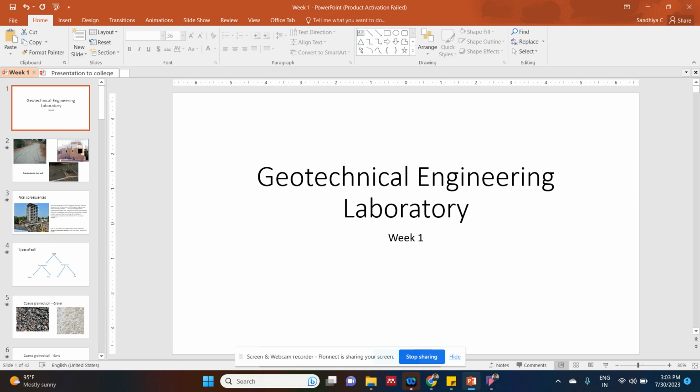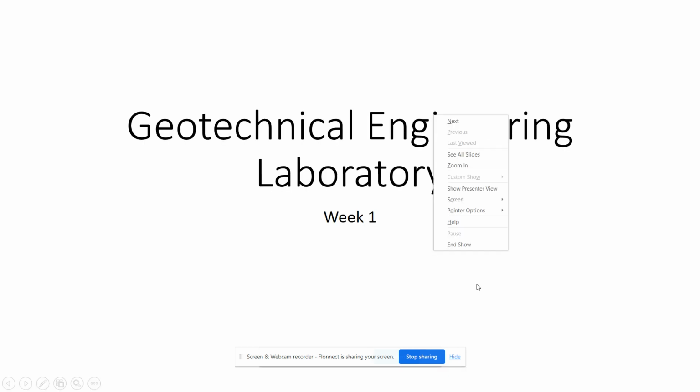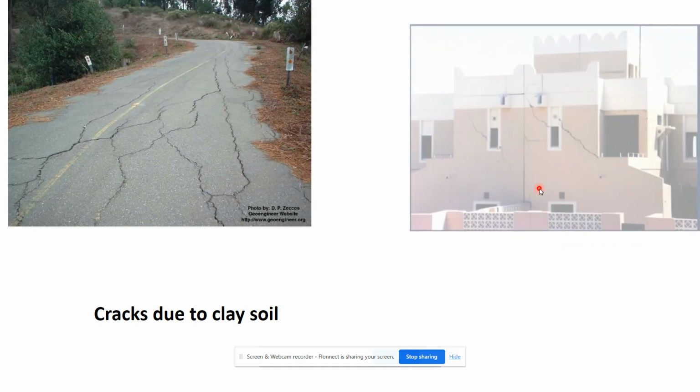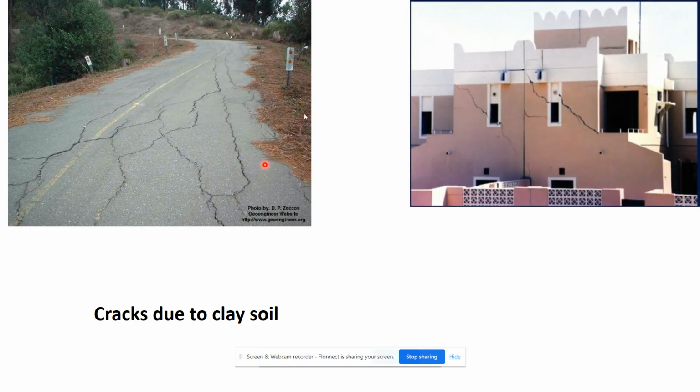Here you could see some visible things that we see in day to day life. When we go on a road, there could be a building which has suffered severe damage, like these cracks.